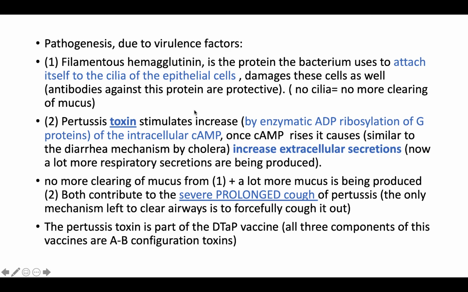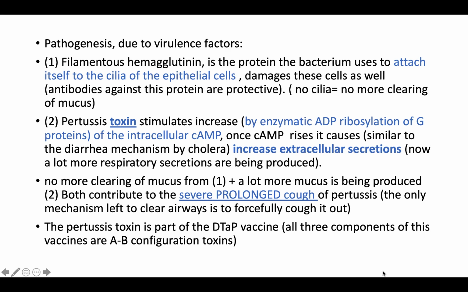Now you have no clearing of mucus, and you are making a copious amount of mucus that you can't clear. So both give a very severe collection of mucus that cannot be expectorated. The only way to expectorate it is to push with your respiratory muscles, which is coughing.